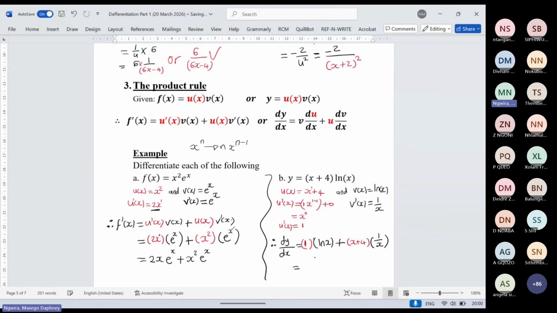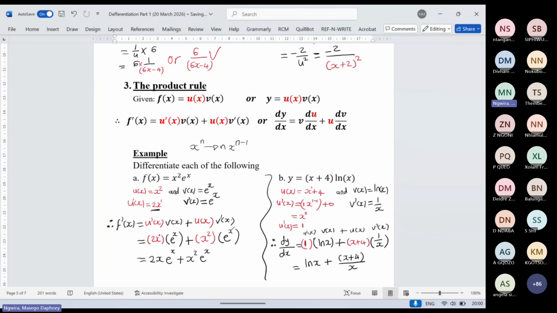This equals 1 times ln x, which is still ln x, plus x plus 4 over x, as a fraction. I hope I did it correctly. Yes, it's correct. This is u prime of x, this is v of x, this is u of x, and this is v prime of x. It's still the same thing. Nothing has changed.